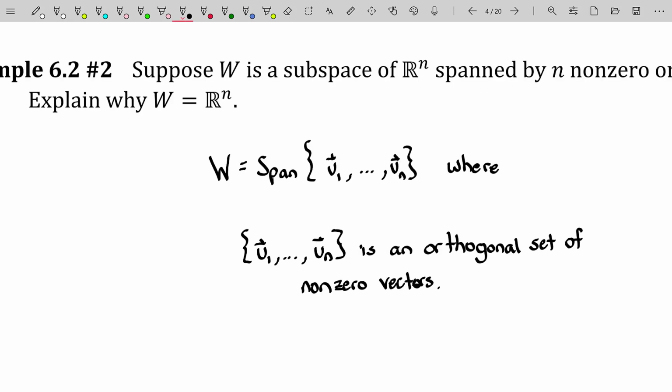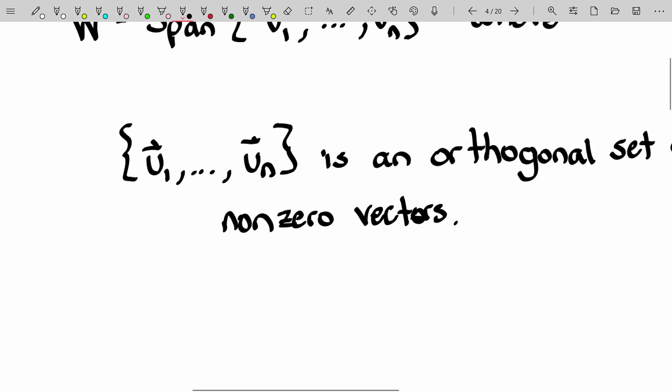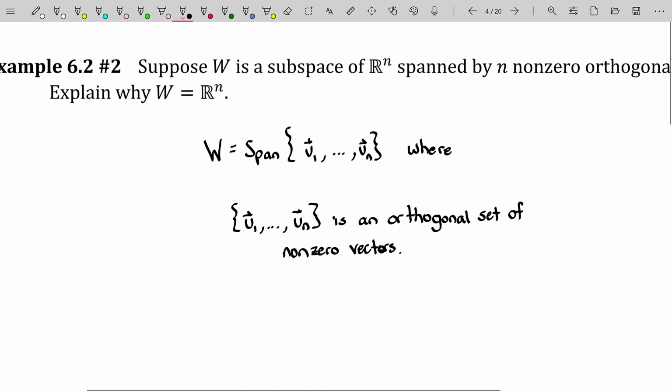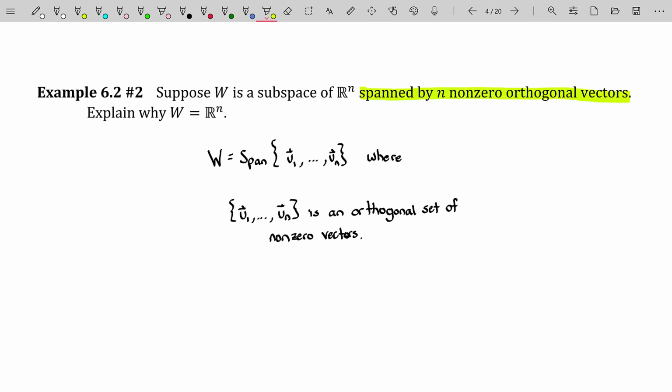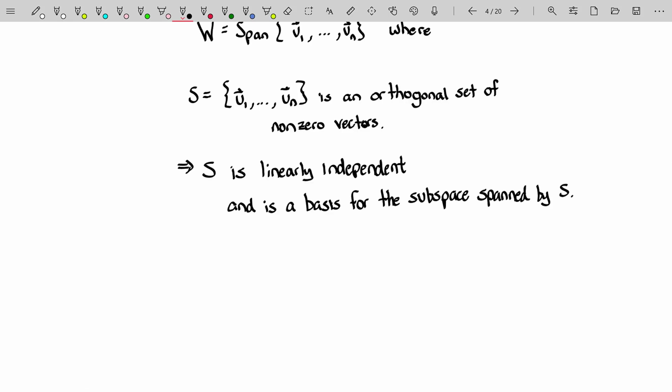Let's go ahead and let W equal the span of u1 through un, where the set u1 through un is an orthogonal set of non-zero vectors, because that's exactly what they told us it should be. Well then, by the previous theorem, that set, which I'll call S, is linearly independent and is a basis for the subspace spanned by S. So we have n linearly independent vectors forming the basis for a subspace.